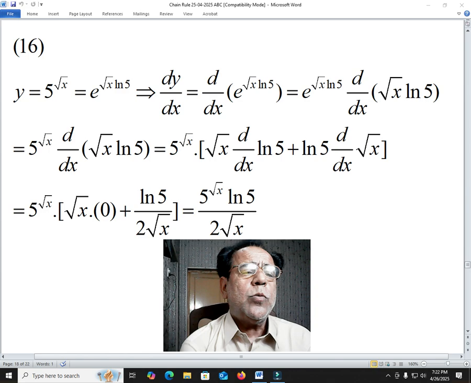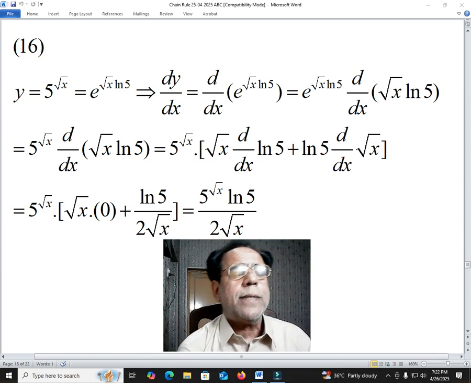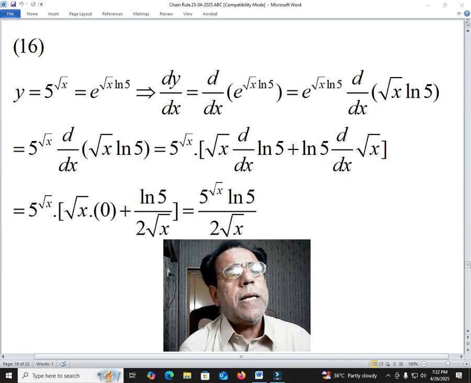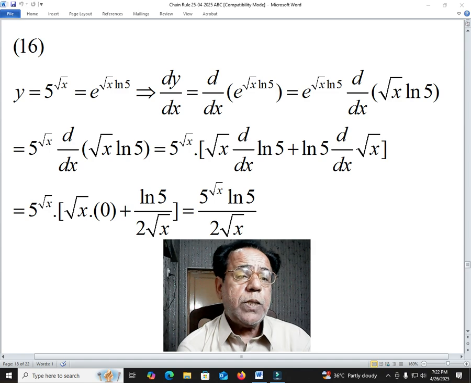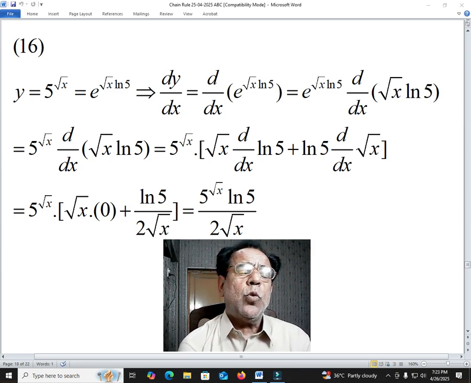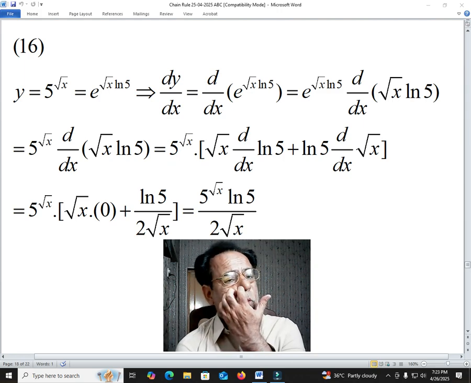dy by dx equal to 5 raised to power x square root of x into d over dx of x square root of x into log 5. This will become equal to 5 raised to power x square root of x into, okay dear students, this is a product rule. Okay, root x is one and log 5 is the other.